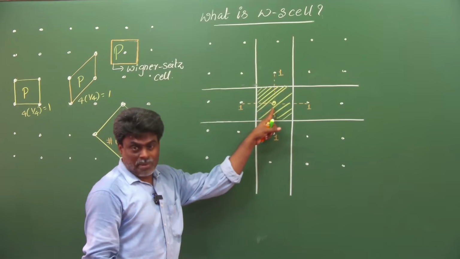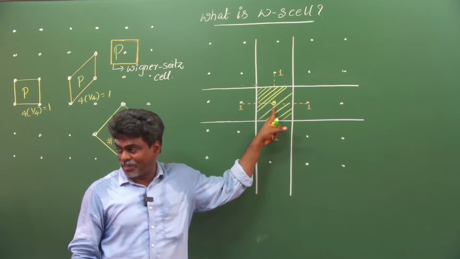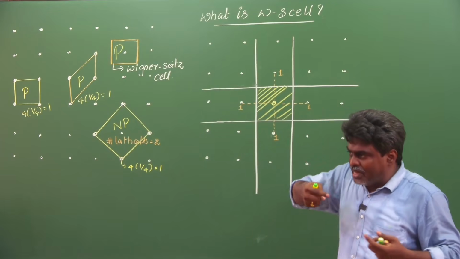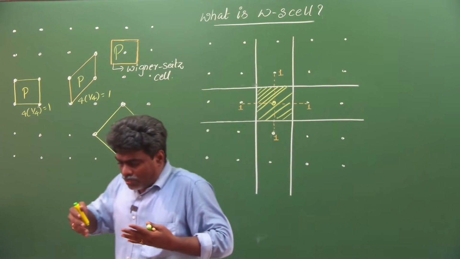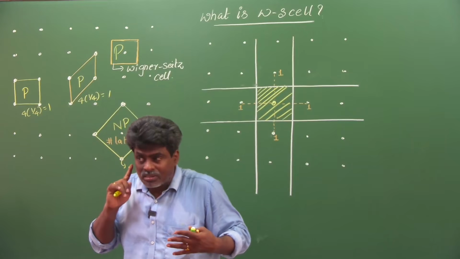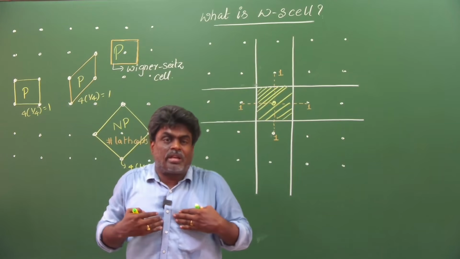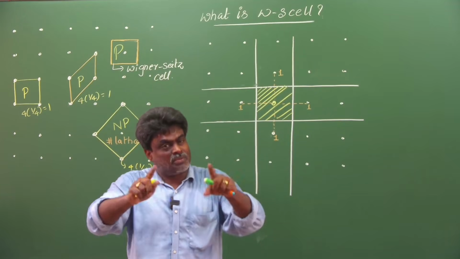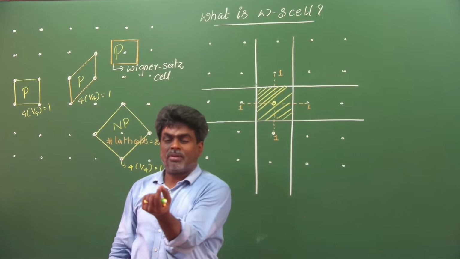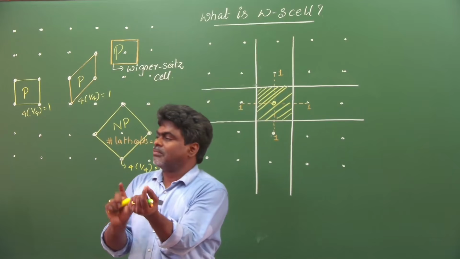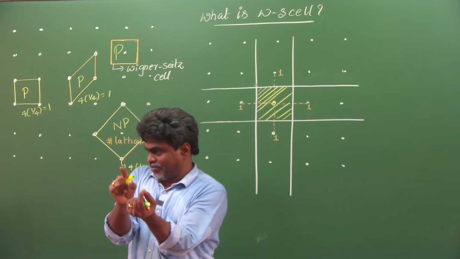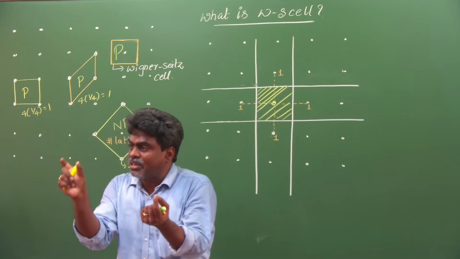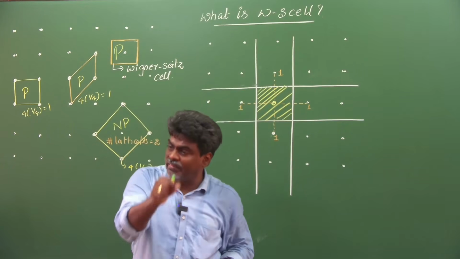That's why in the middle you have only one lattice point. What is this Wigner-Seitz cell physically? The Wigner-Seitz cell gives you the region of space which is closer to a given lattice point. For example, if I give a lattice point and ask what the closer region to that lattice point is, then the Wigner-Seitz cell is nothing but the closer region of space to that lattice point.